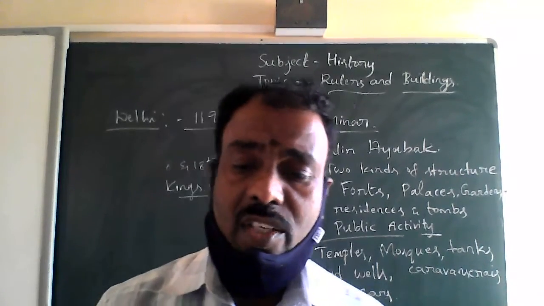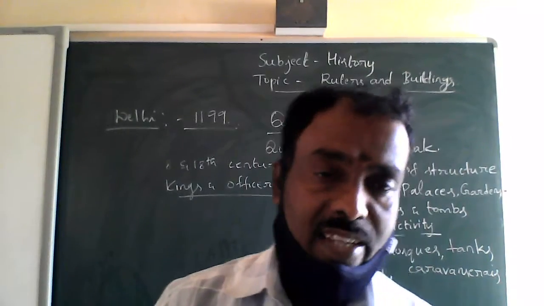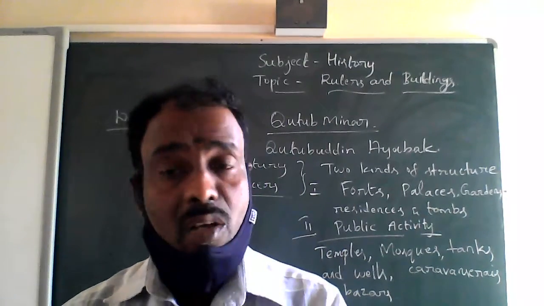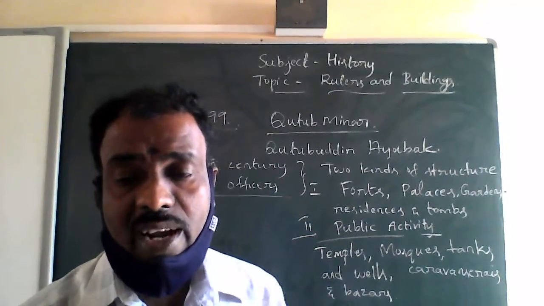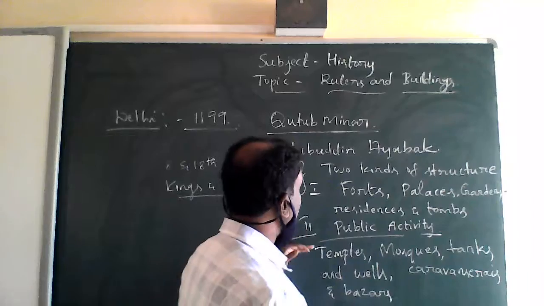Understood now? That is what is called a caravanserai. These were the second type of structures.